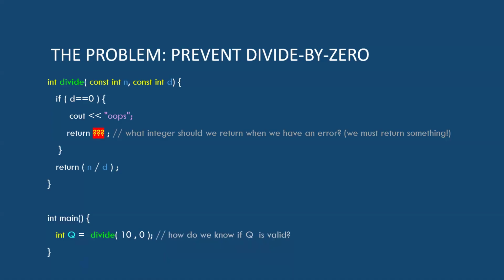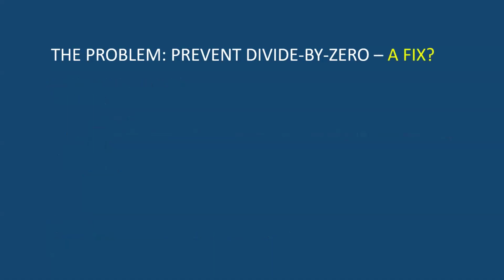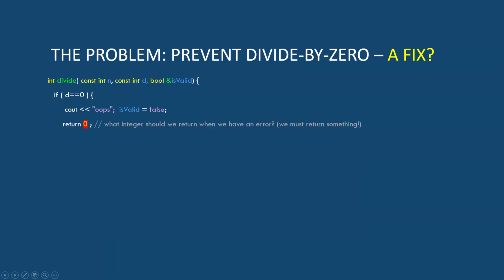And especially if I bury that divide inside of some other kind of function call, right? So I don't want to pass something back that then propagates the error through subtraction and all these other things, okay? So we could try to come up with something clever like setting a validity flag via a reference up here. So it's like, uh-oh, this is not valid. I'm going to give you something back, but don't pay attention to it.